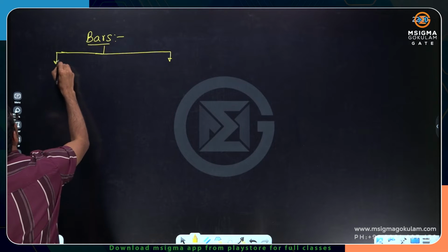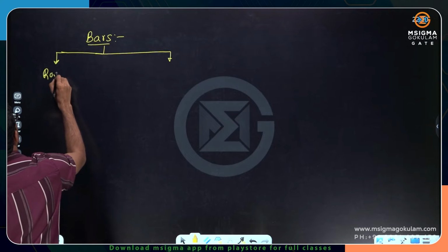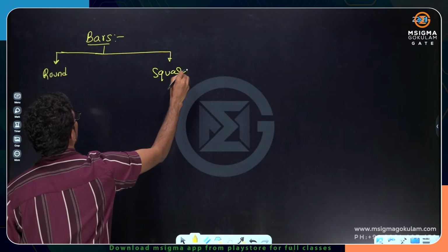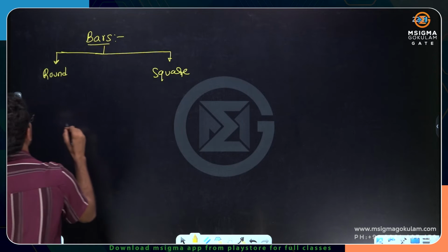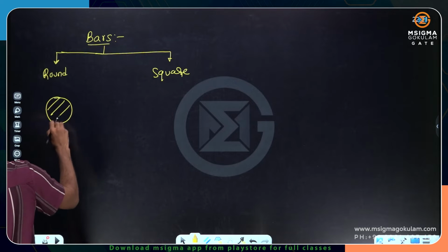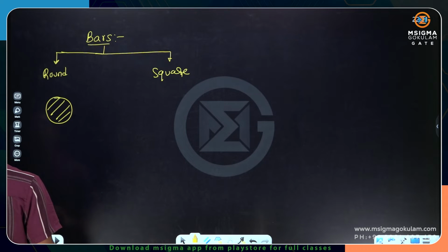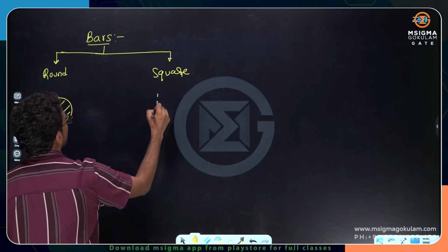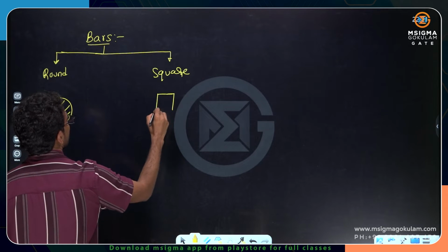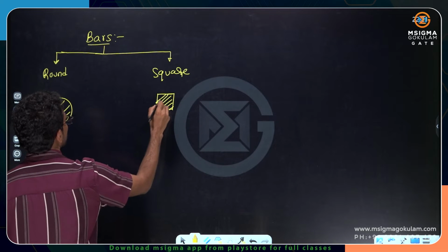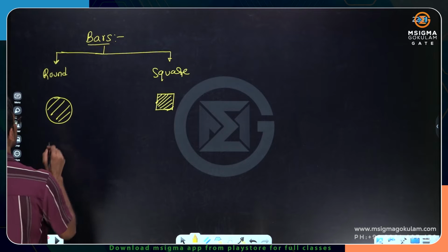Round bars essentially have a certain radius, a certain diameter. And we have square bars as well. This is the square bar. This is the round bar.